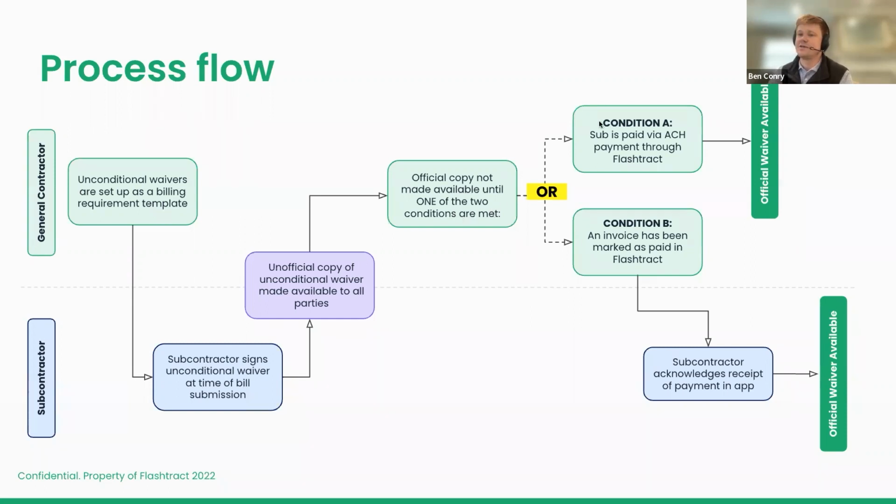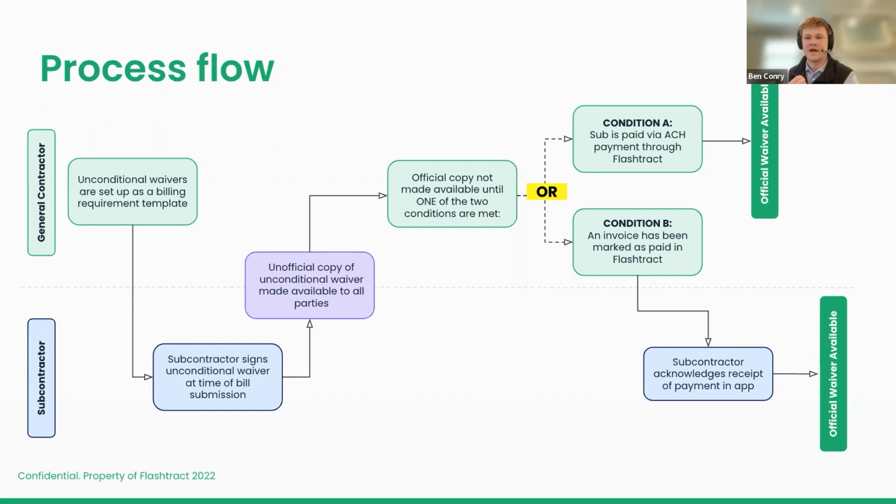Condition A, if you're a general contractor using ACH payments through Flashtract today, you just pay your subcontractor through Flashtract using ACH payment. And Flashtract's actually going to get a response from the subcontractor's bank, letting us know once those funds have cleared, meaning once those funds are available to your subcontractor.